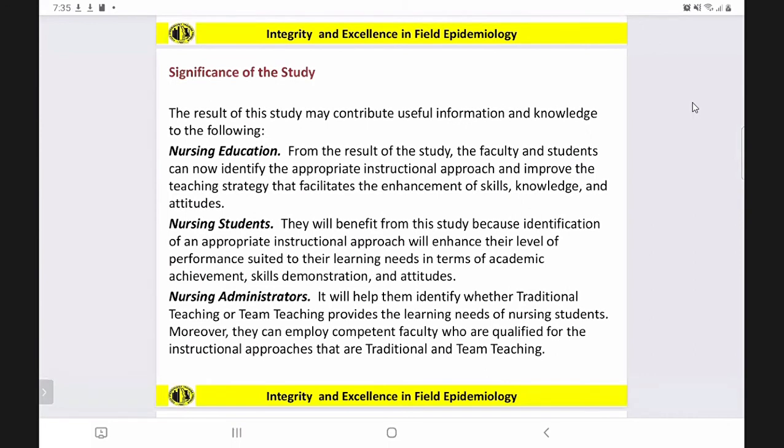Hello, yes po, Doc Hidalgo. Yes, Doc. Okay, please. The result of the study, I already spoke this, Doc, po.